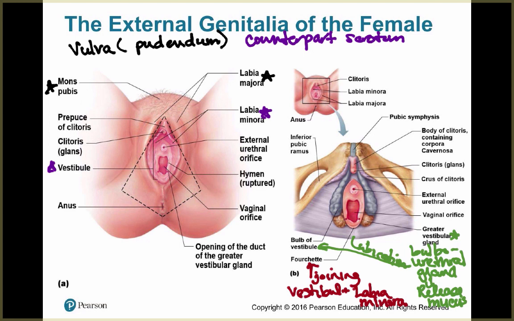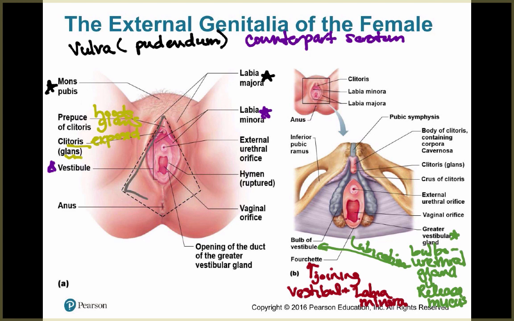Now, over here we have the clitoris, which is just anterior to the vestibule area. It shows you the glans of the clitoris, which is the part that's exposed, and the prepuce of the clitoris is what hoods the glans. These are the counterpart of the penis.